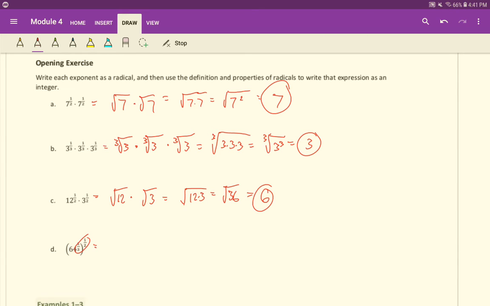So how can we simplify these two things? We would multiply. So we're going to get 64 to the 1/6 power, which is the same thing as saying the 6th root of 64. What is the 6th root of 64? 2.